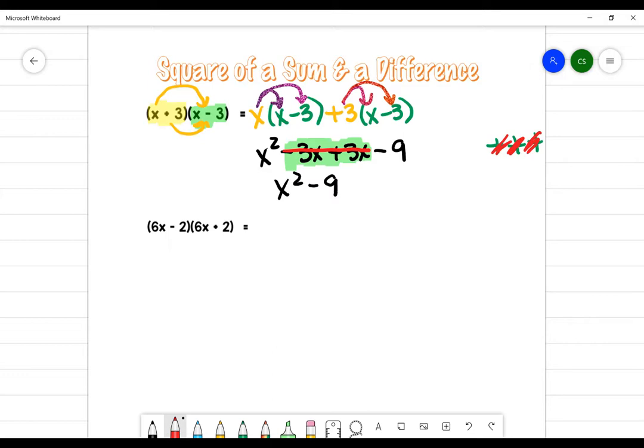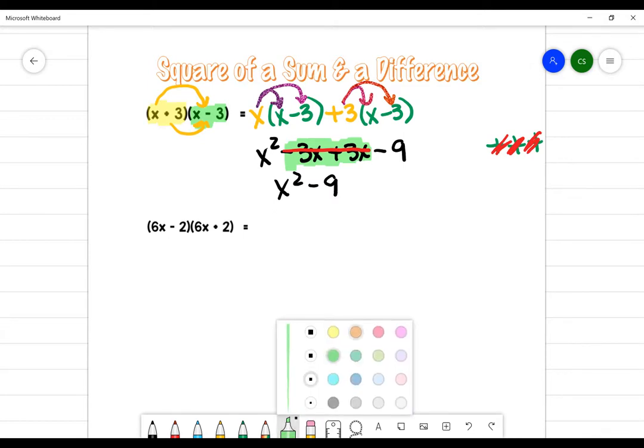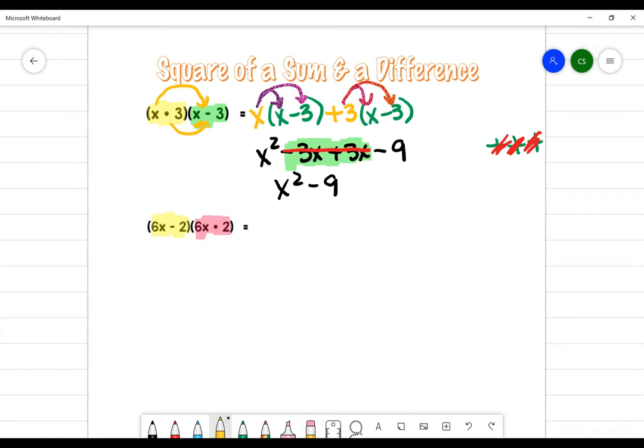All right, 6x minus 2 times 6x plus 2. Multiply every term in the first binomial to every term in the second binomial. Meaning I'm taking 6x and multiplying it to 6x plus 2. And I'm taking negative 2, because that's the second term, and multiplying it to the second binomial, which is 6x plus 2.